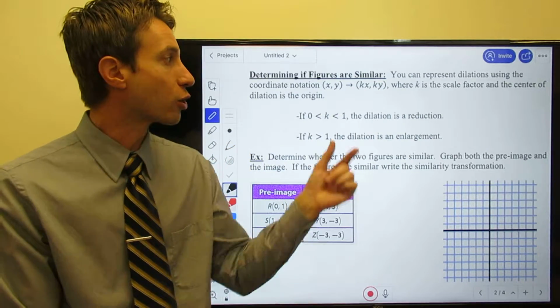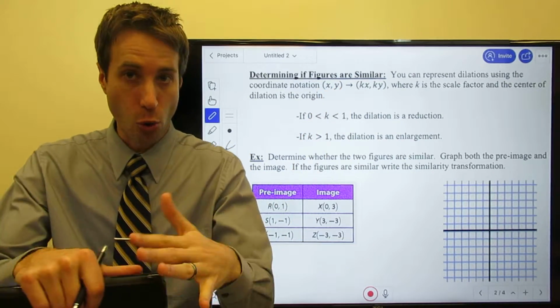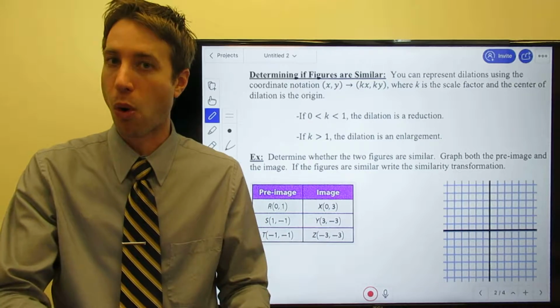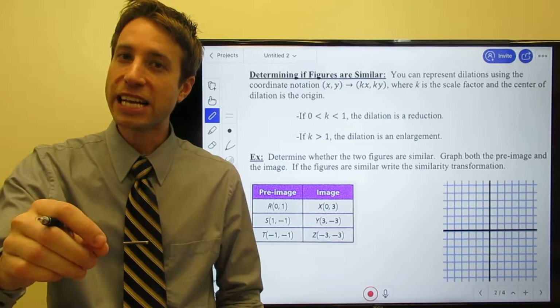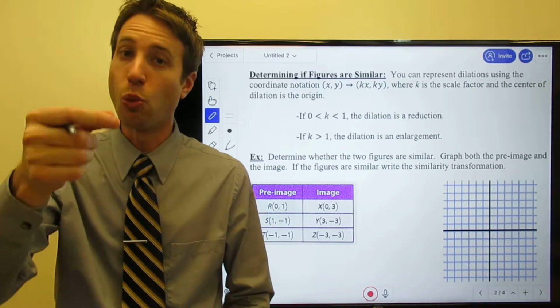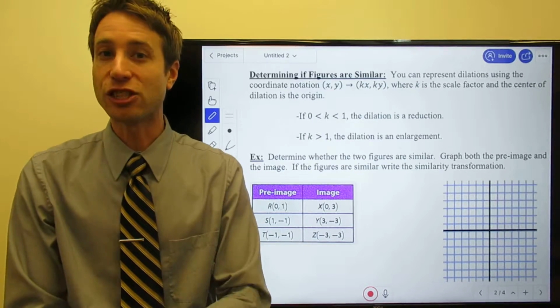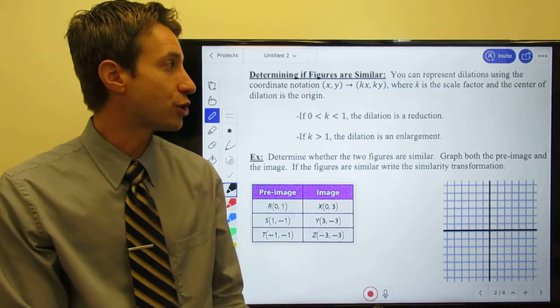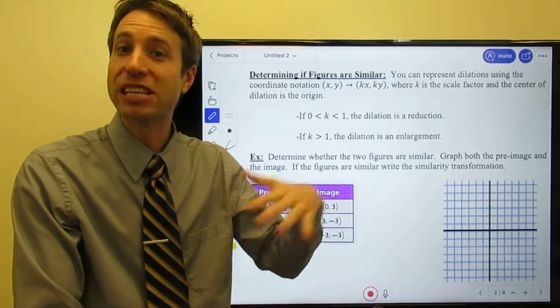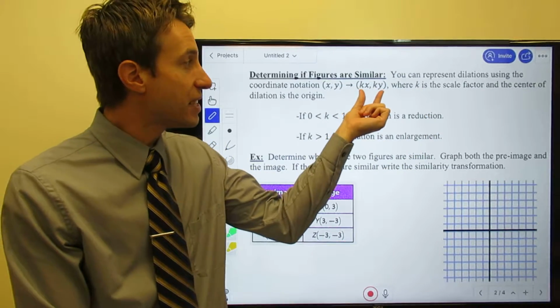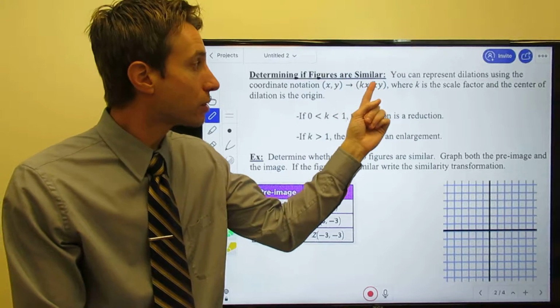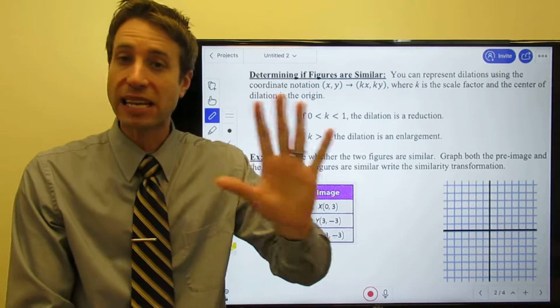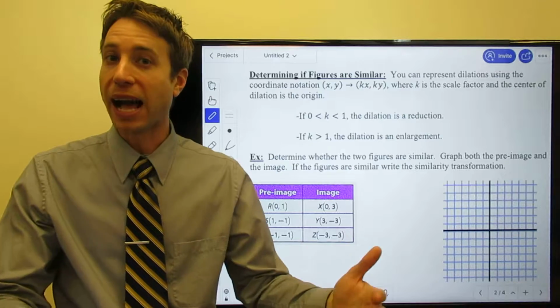They're going to give you a point, an ordered pair, which is x comma y. The coordinate notation tells you what to do to each of those coordinates. So for example, if I'm going to do a dilation where k, lowercase k, is my scale factor, what this is telling me to do is multiply each, the x and the y coordinate, by k.